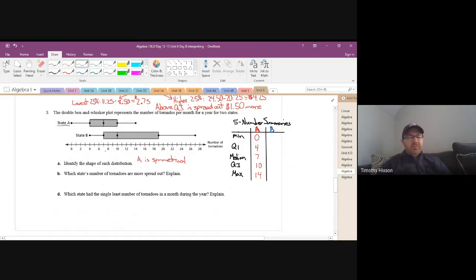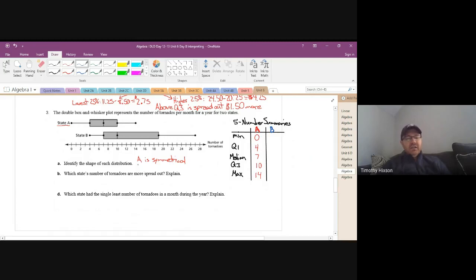So now if we look at B, you'll notice here the bottom two quartiles, this 25%, this 25%, are pretty close together. And then you have this 25% and the upper whisker, the top 25%, which are much more spread out. Okay.